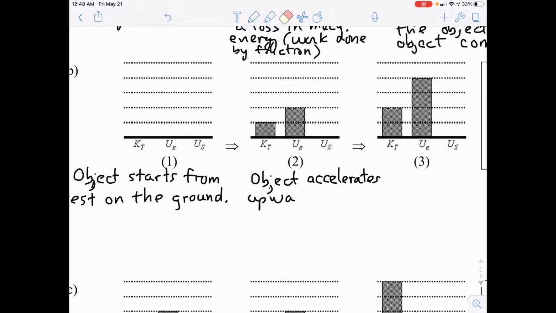A perfectly good example of this would be a rocket lifting off. The rocket is gaining speed and gaining altitude in the process.